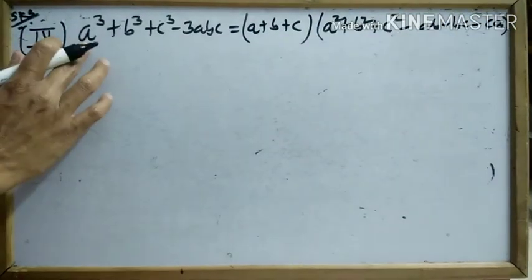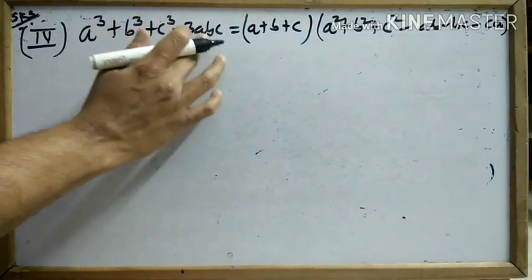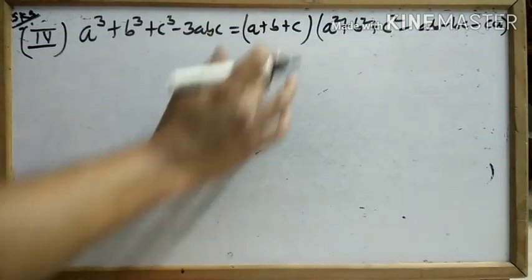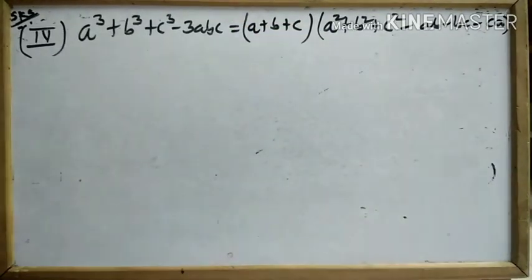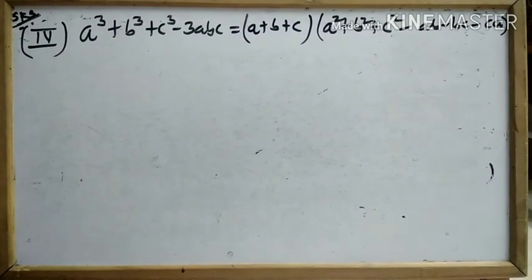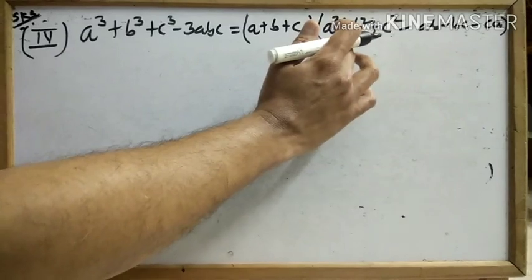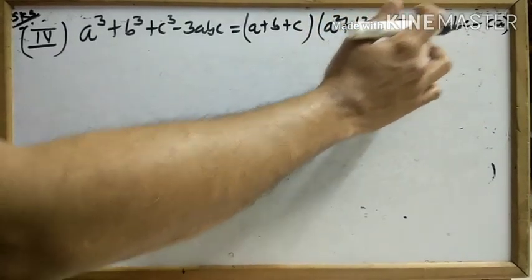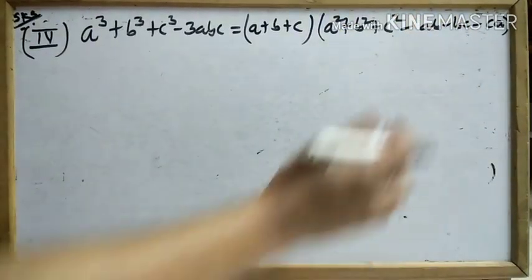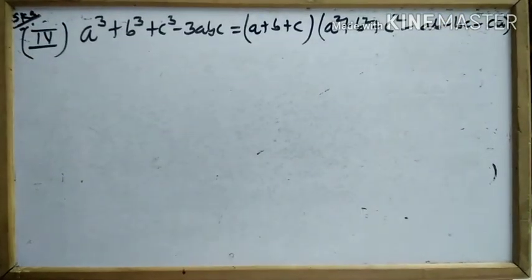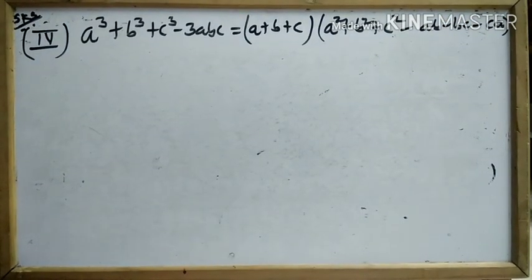I repeat, in the first bracket you see only one power, that is a, b and c, each one has one power. Then in the second bracket we have a square, b square, c square minus the product of the first and second term, minus the product of the second and third term, minus the product of the third and first term.